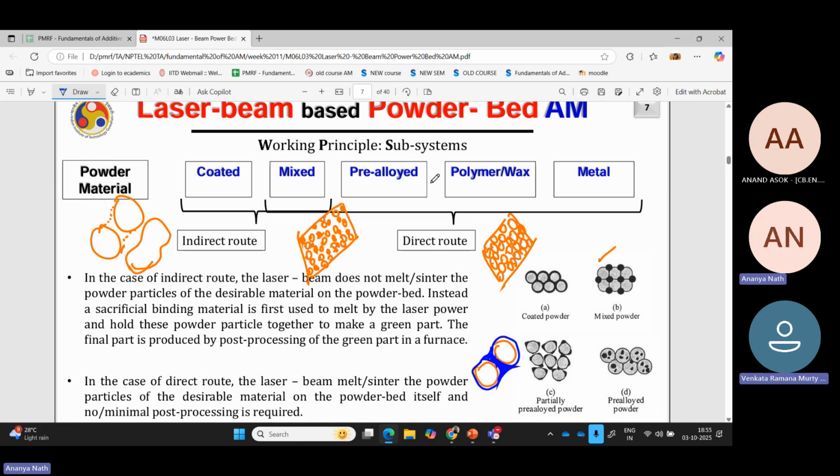For ceramics, melting is a little difficult because they burn out very easily. You would have to use 30-40 watt power to melt the ceramic to get the part out of it, which is not possible. Melting is very difficult. So sintering is the process people use for ceramic printing in PBF. Yeah, in conventional powder metallurgy, that is mainly meant for ceramic materials.